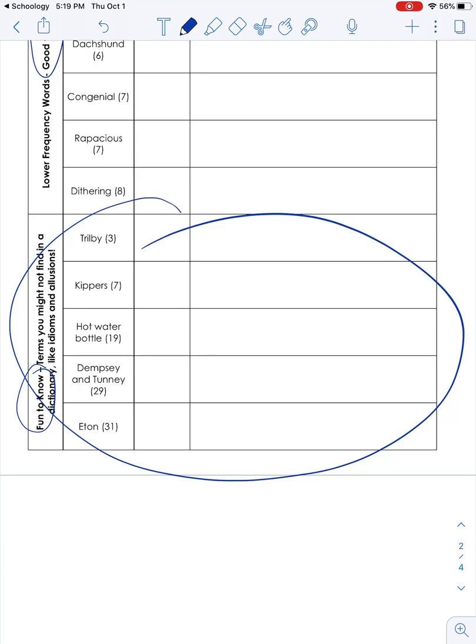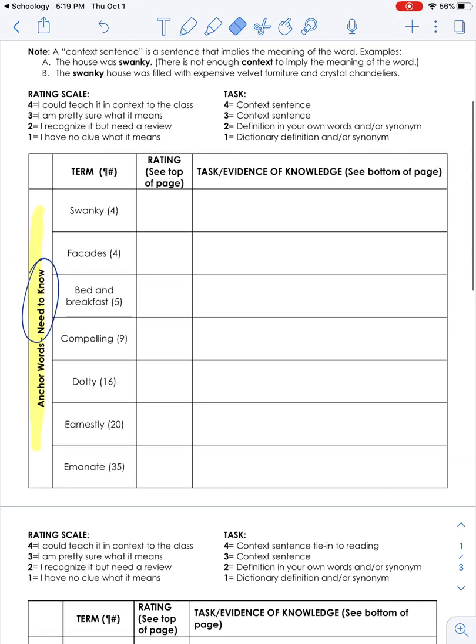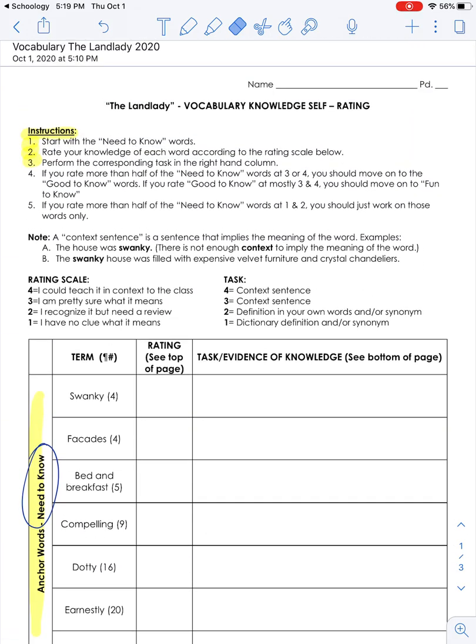I pretty much guarantee you nobody knows these terms. They're pretty unusual. Okay. Hopefully that will help you understand how to approach tiered vocabulary. This is not the last time you will see it.